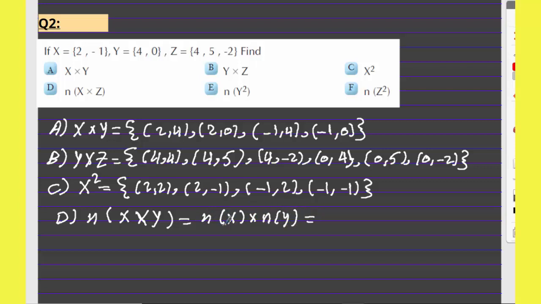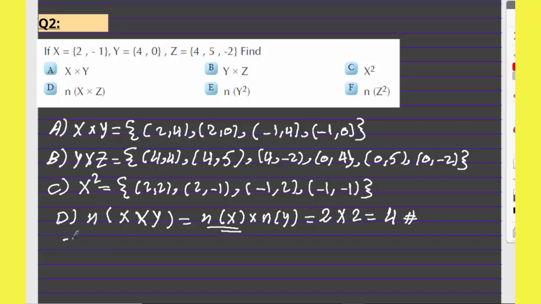The number of elements in x, how many elements? 1, 2. We write 2. Multiply the number of elements in y: 1, 2, so 2. 2 multiply 2 equals 4. So the number of elements in the Cartesian product x multiply y is 4 elements.